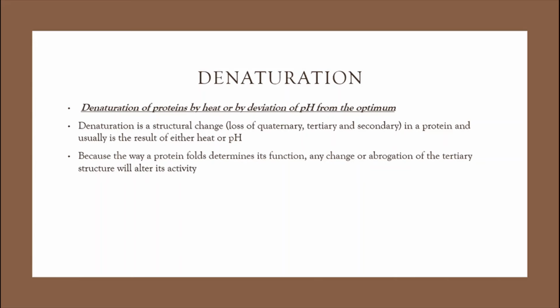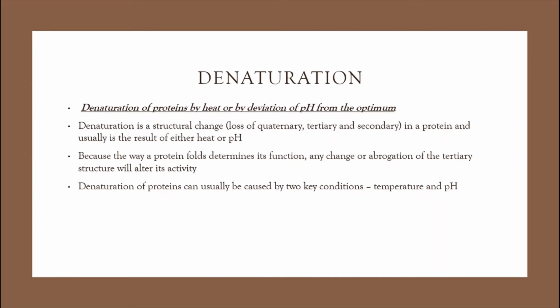So the way a protein folds, so the shape of a protein determines its function. So structure is related to function. And so if we have a loss or a change in the structure of a protein, that means that the protein will lose its function or it will alter its activity.